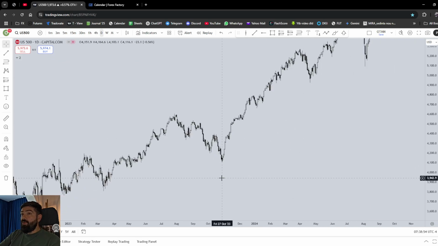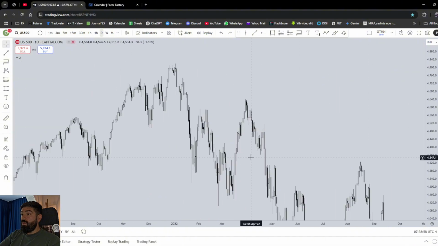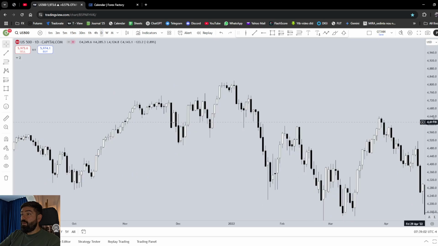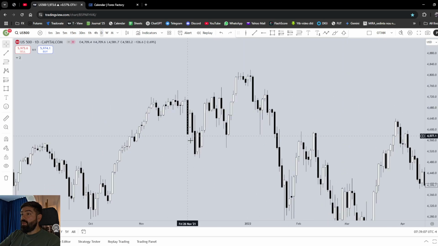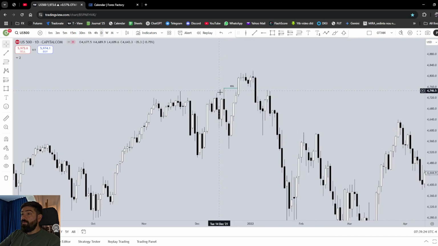We should take a look at some bearish examples as well. Here we can see that we have a bearish scenario. Okay, so let's see this price action here. We have a swing high here. Okay, let me draw it for you so it's simple to understand. So this is buy side.